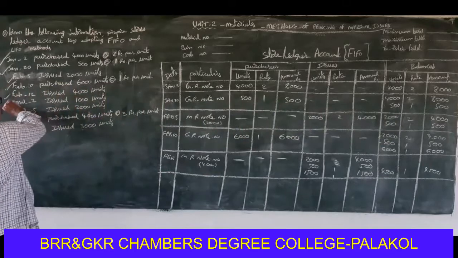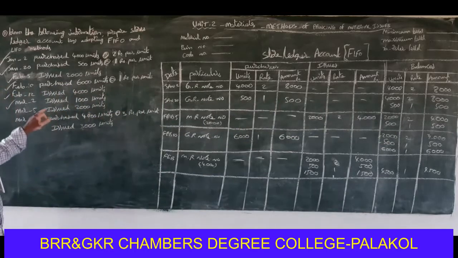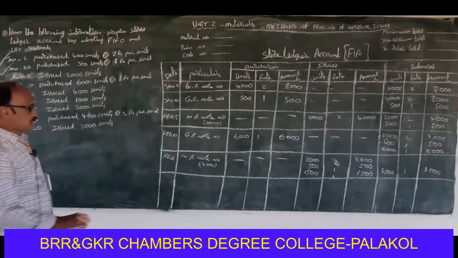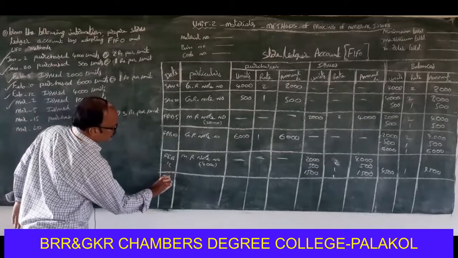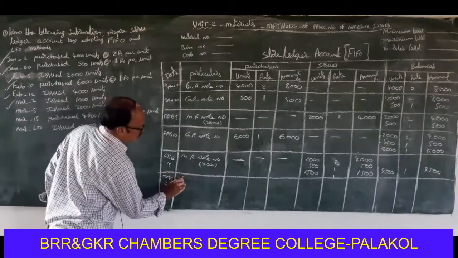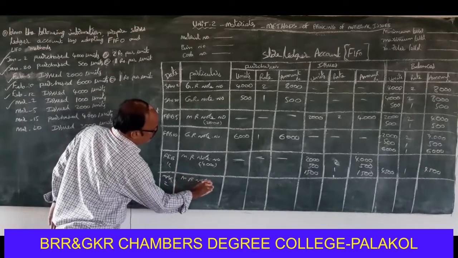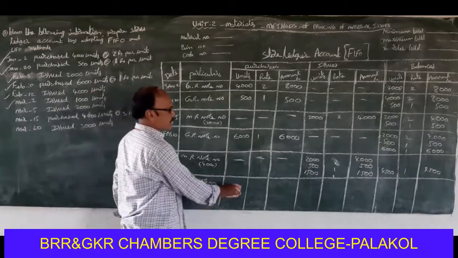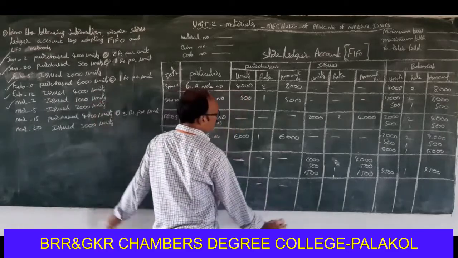Right. Next, on March 2nd, issued 1,000 units. Issues means material requisition note number. How many units wanted to issue? 1,000.